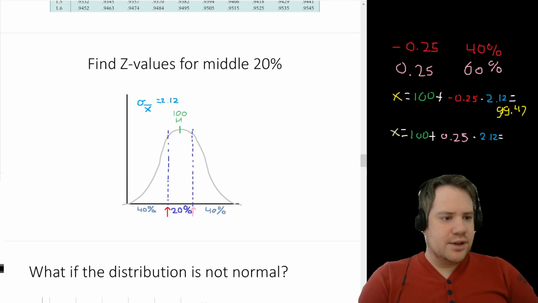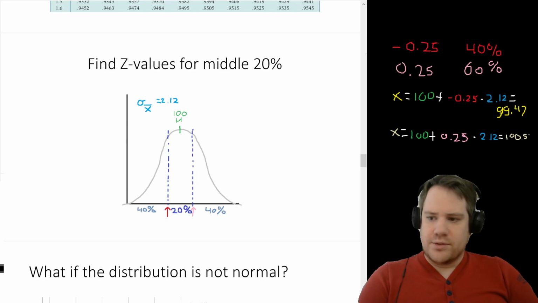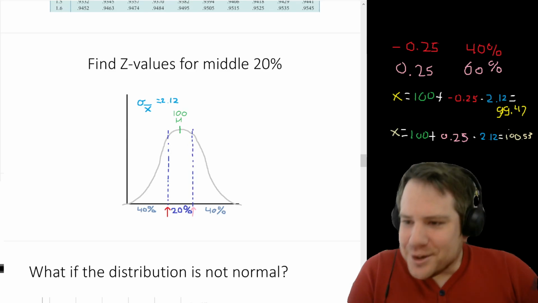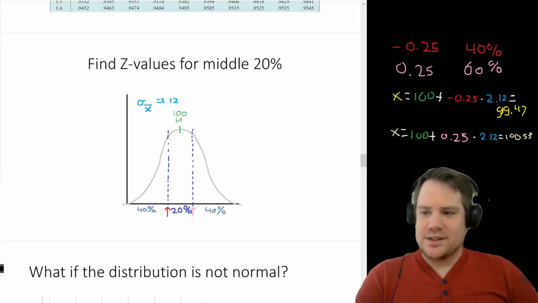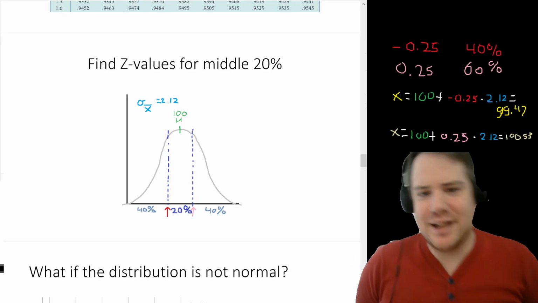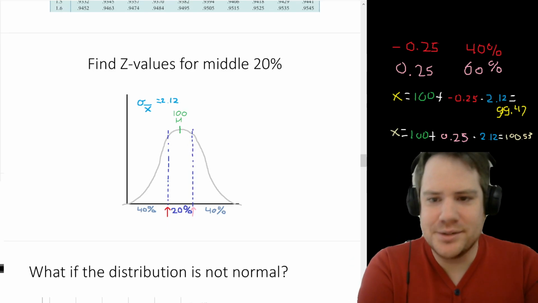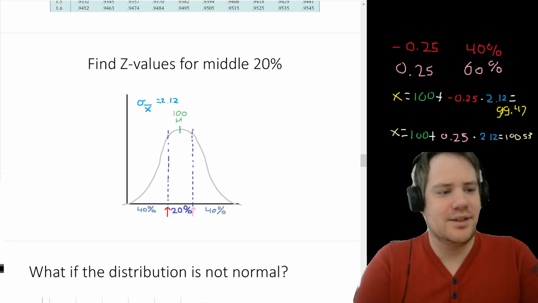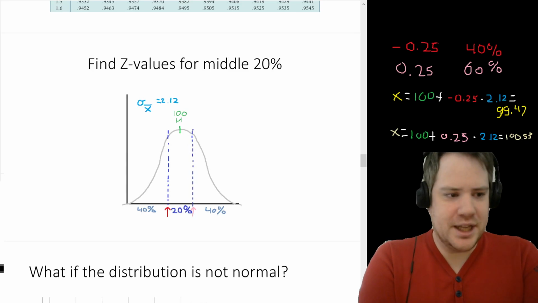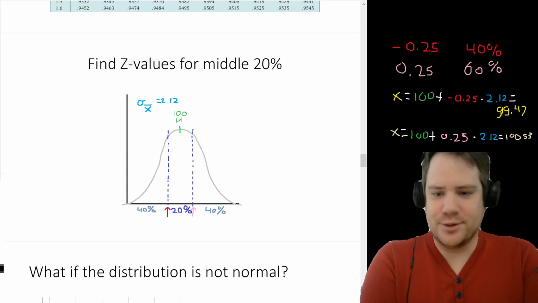And this time the outcome will be 100.53. It fits, barely. So with that, we know that the middle 20% of sample means will be between 99.47 and 100.53.